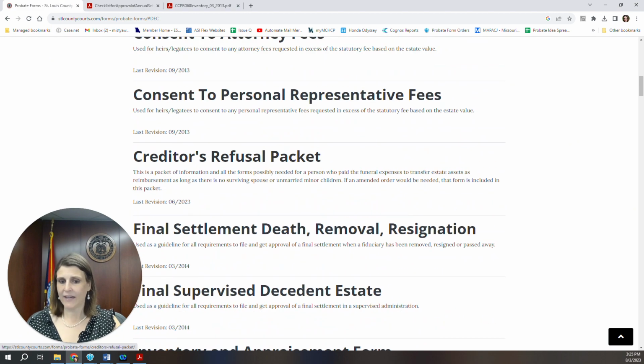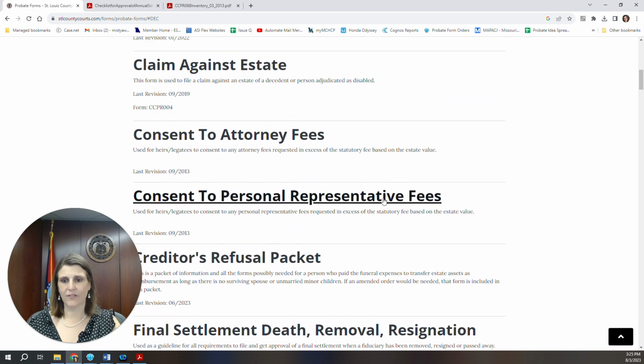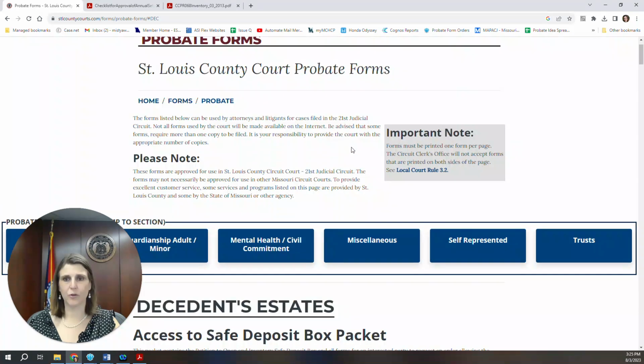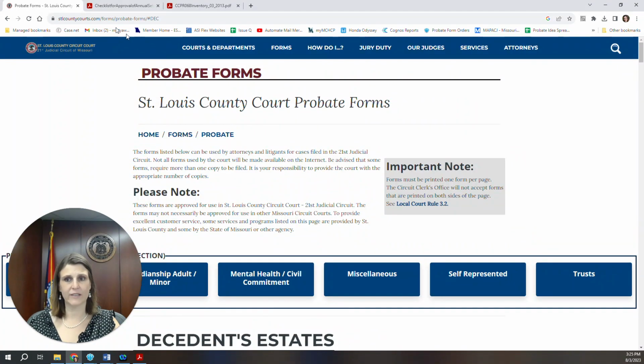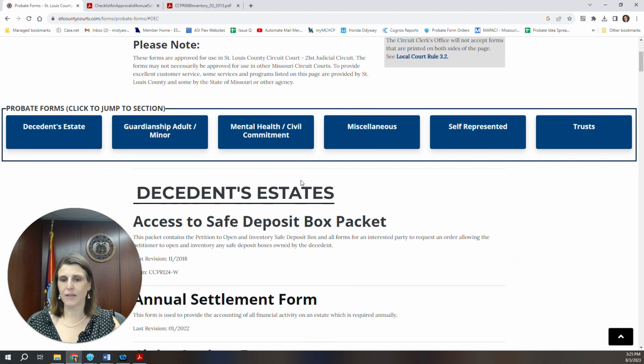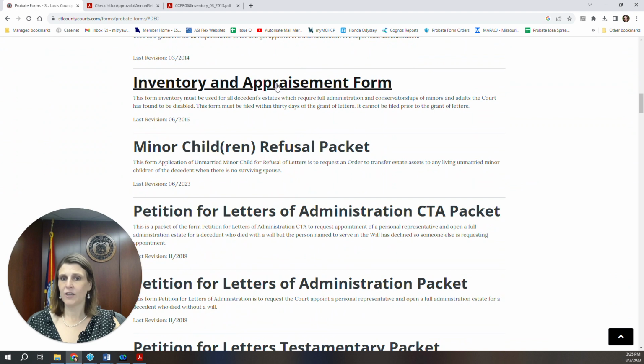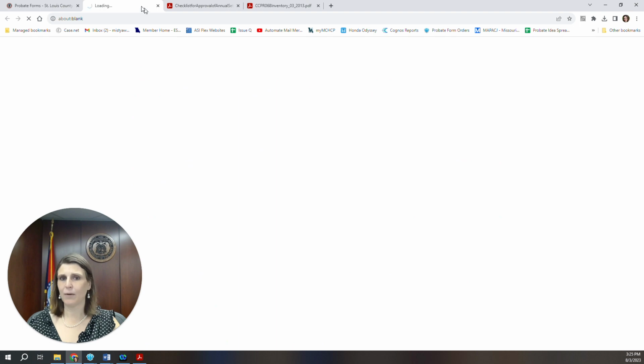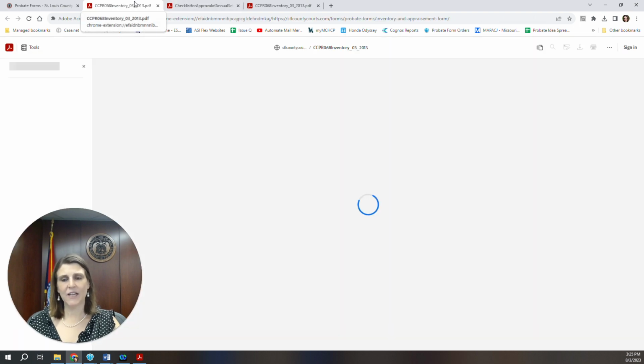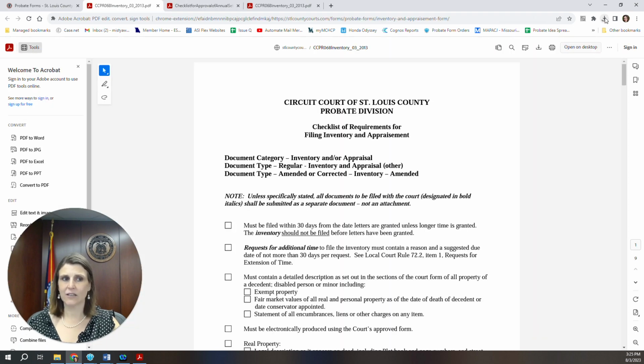So again, for the purposes of the inventory, you're going to go to our stlcountycourts.com forms, probate forms, and you're going to be able to find the forms that you need in order to fill that out. So you can use that inventory and appraisement form. We highly encourage you to do that. So you click on that, it pops up, and then the next thing you need to do is click this little download button.